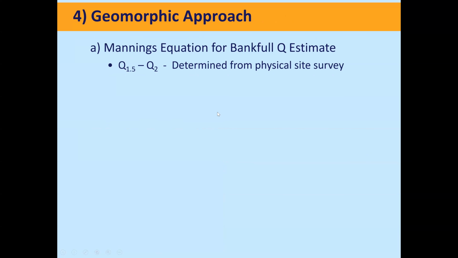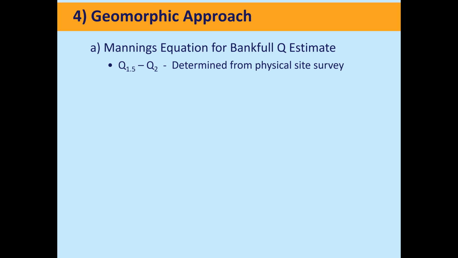All right, so those were the methods related to gauge data. And this fourth method is derived from all that physical survey data you collect on site. You'll probably be hearing more about that later today for sure. Those are things like your cross section and your long profile.